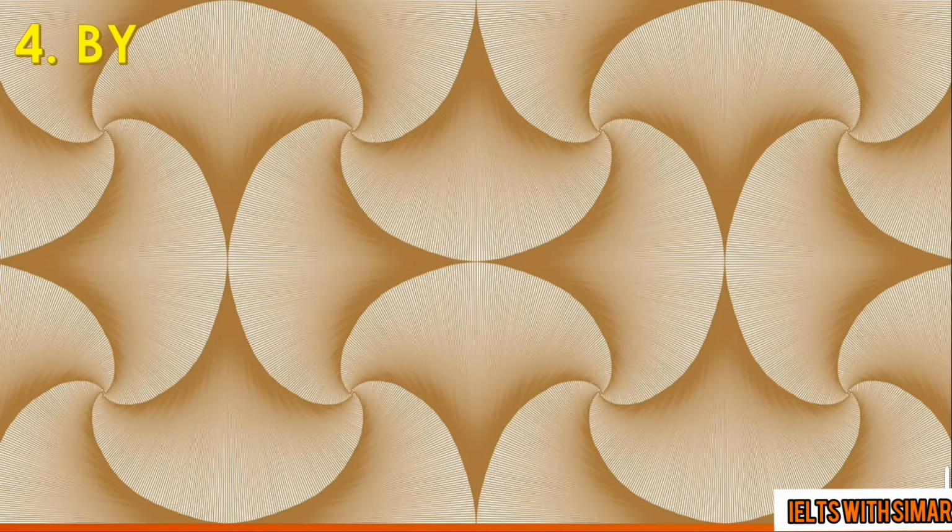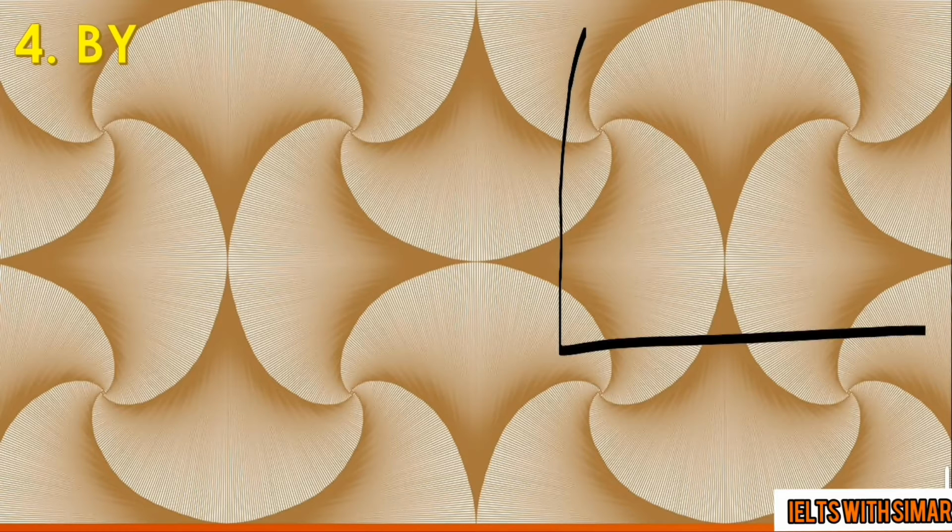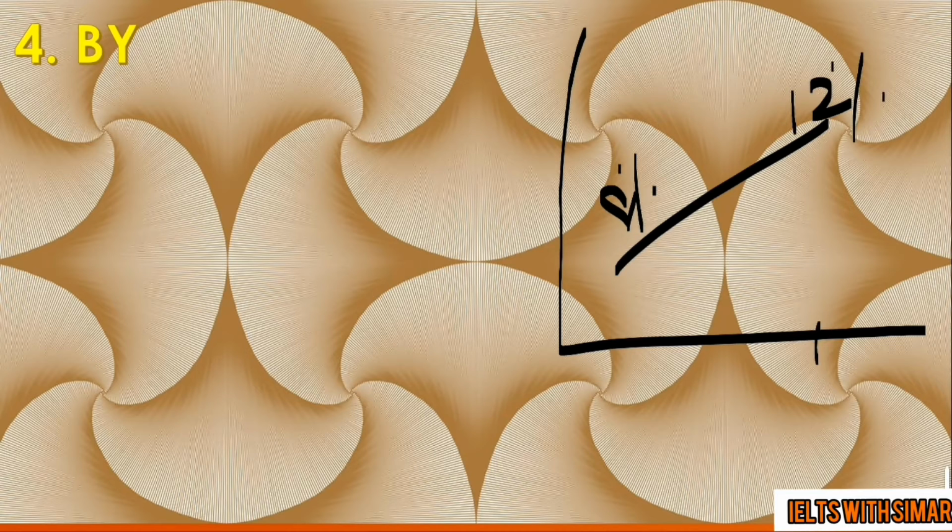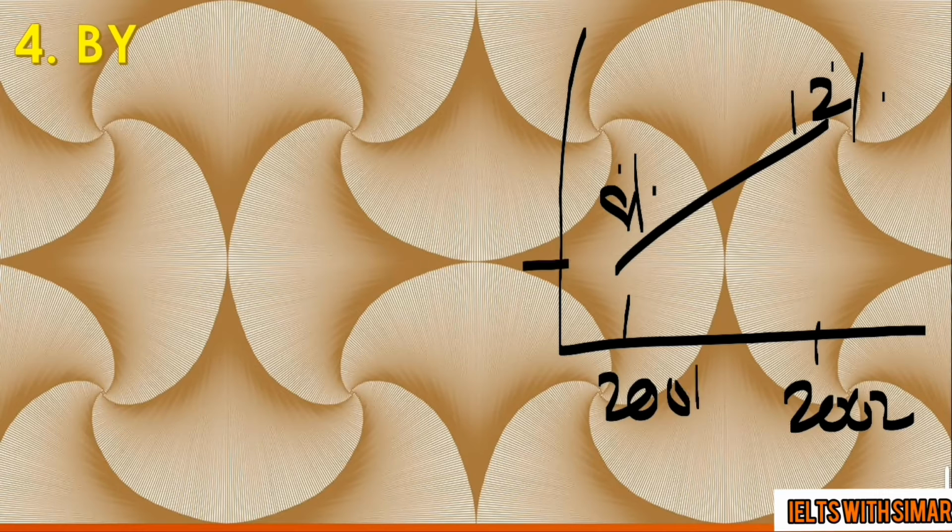Now in this slide, I am going to tell you a tip to score more in writing. What usually students do is that they write the same data. Like this was the graph: here is 8% and here is 12%, here is 2001 and 2002. Students majorly write like this: the sale was 12% in 2002.